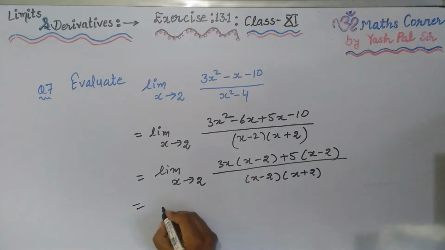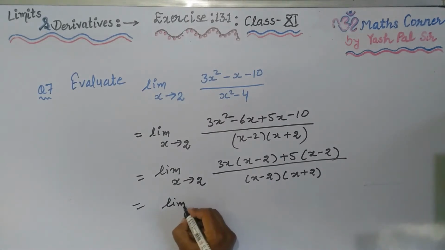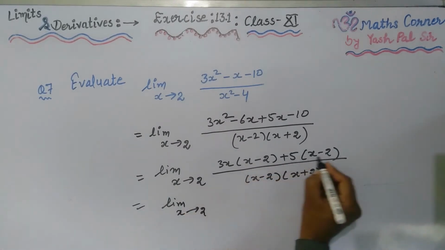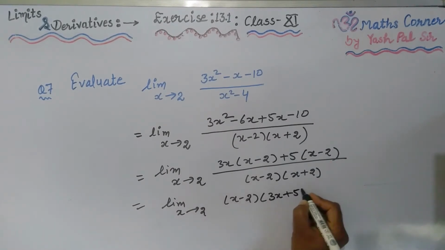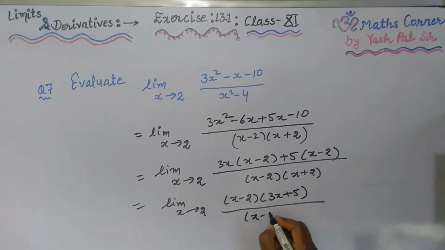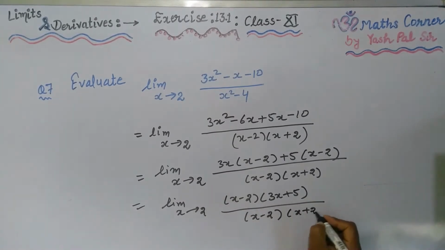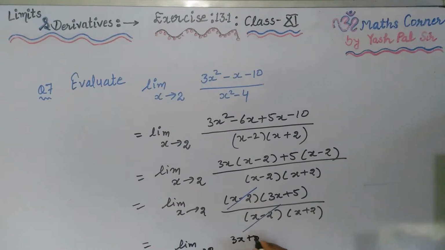So this is equal to limit x approaches 2, taking (x minus 2) as common factor, we are left with (3x plus 5) divided by (x minus 2) into (x plus 2). Now the x minus 2 in the numerator and the x minus 2 in the denominator cancel, so we are left with limit x approaches 2, (3x plus 5) divided by (x plus 2).